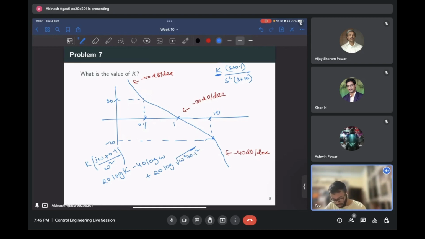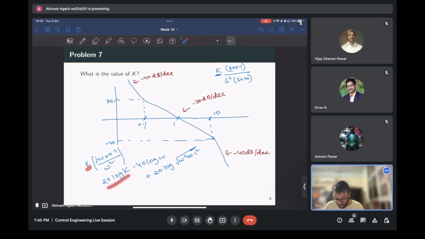So what is this? Um, yeah, maybe I'm doing some mistake here. Can you please help me with this? So 20 log k. Just correct me if I'm wrong somewhere.